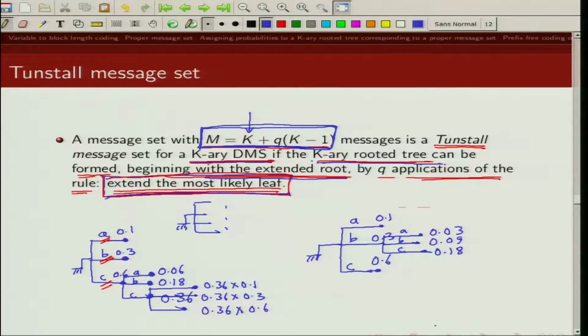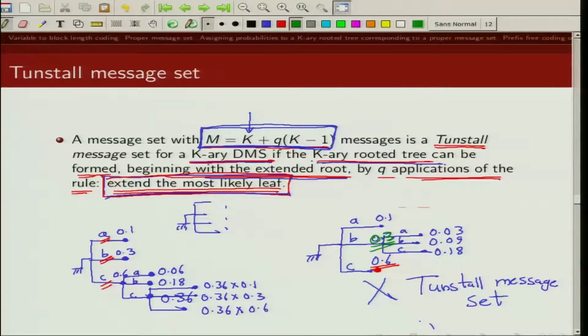Now this is not a Tunstall message set. Why is this not a Tunstall message set? Because here I should have extended this particular node because this has probability 0.6. Instead I extended this node which has probability of 0.3.